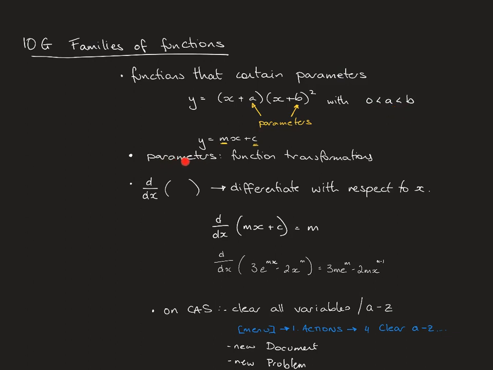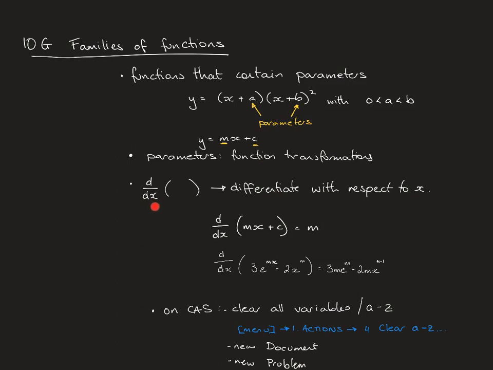So far, working with parameters, we've talked about parameters as being in terms of function transformations. So we've got the parameters y equals m as a parameter, x plus c, as our transformations of our linear function. And so you can combine the idea of function transformations with differentiation with respect to x for functions with parameters to help you to solve problems, and we'll talk about that a little bit more in a sec and make it clearer.